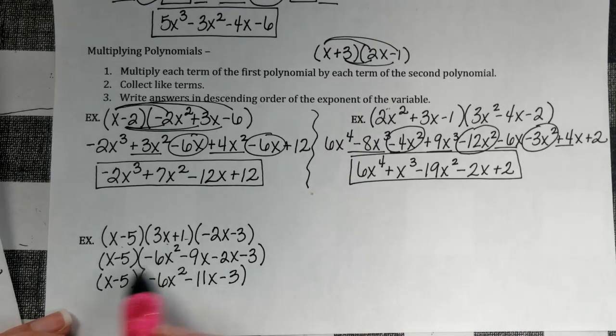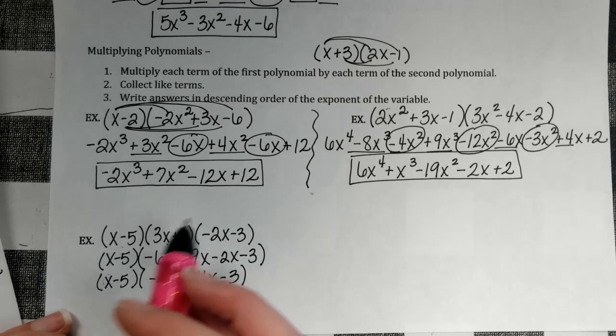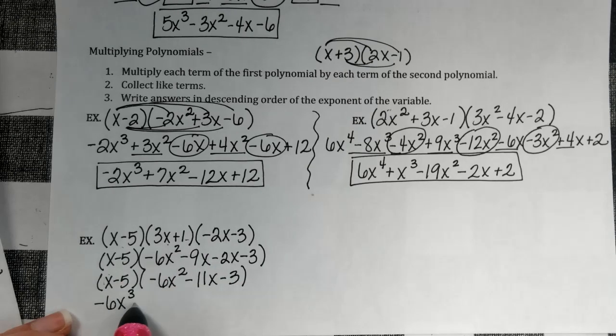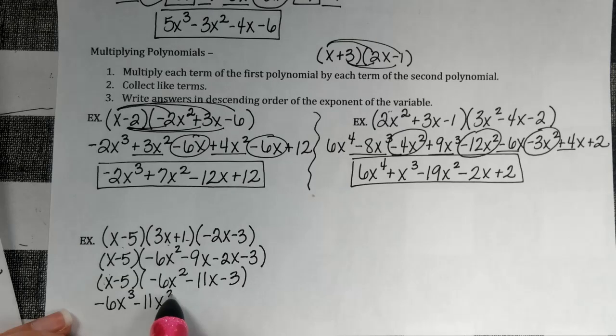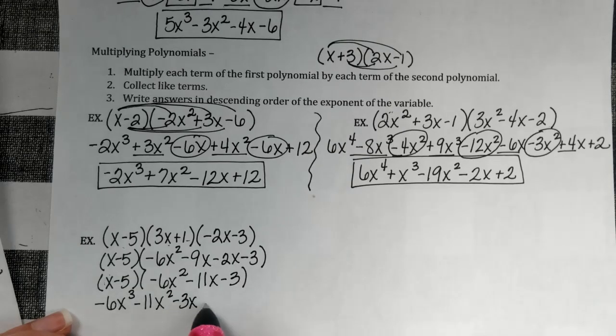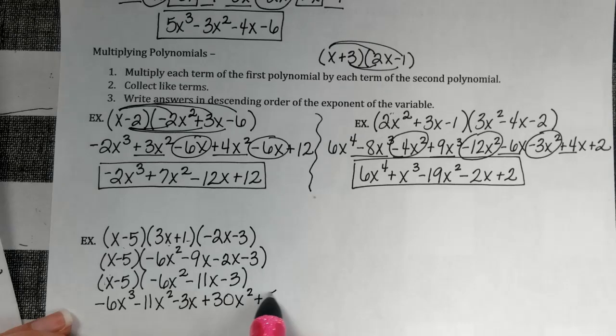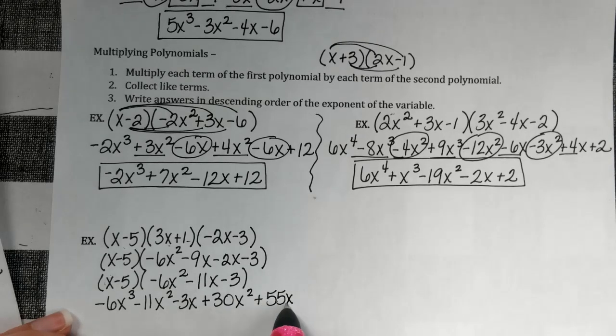And now I can do the multiplication with my x and the negative 5. So that becomes negative 6x cubed minus 11x squared minus 3x plus 30x squared plus 55x plus 15.